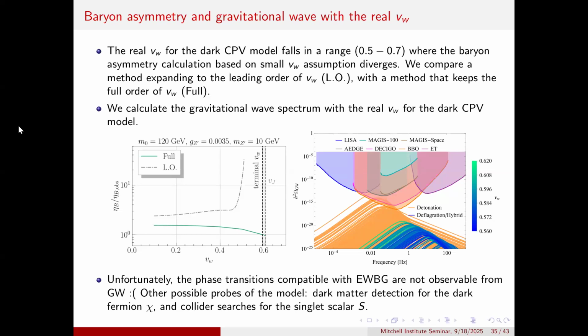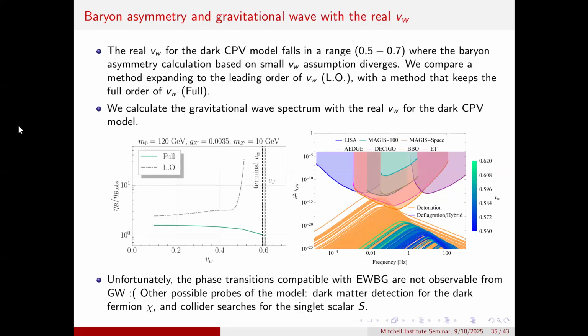The other line, this green line, is the full order in VW, and we found it to behave smoothly towards the terminal VW. The difference between these two methods is one order of magnitude. So this has to be taken into account as well for realistic bubble wall velocity. Leading order calculations will just fail and give a much larger baryon number than in reality.